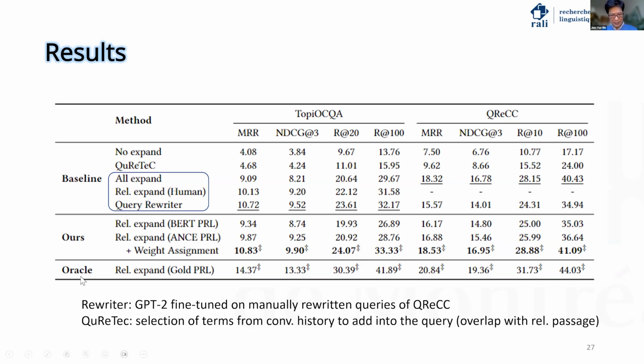And the last line shows the Oracle performance by trying to really use the useful previous turns. This is the upper bound that we could achieve if the selector is perfect. But unfortunately, the selector is not perfect, so we observe some difference between what we obtained and the Oracle performance.